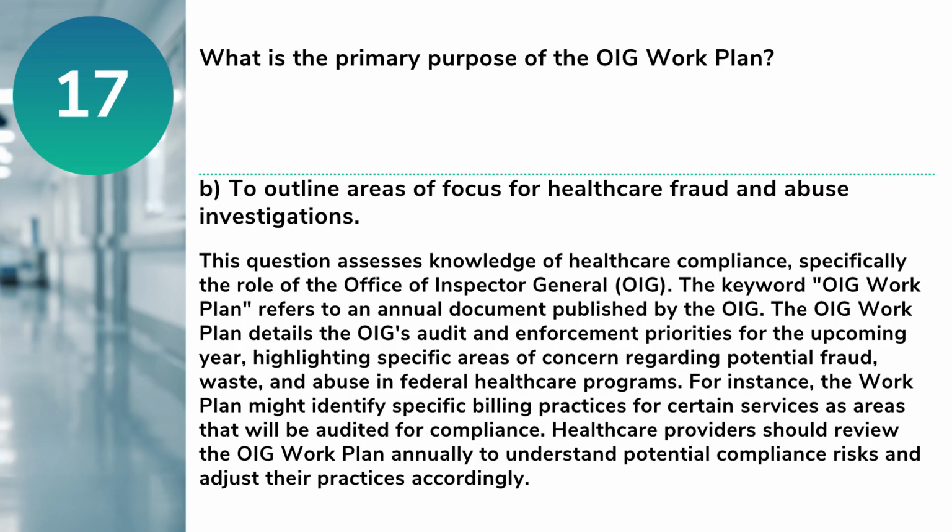For instance, the work plan might identify specific billing practices for certain services as areas that will be audited for compliance. Healthcare providers should review the OIG Work Plan annually to understand potential compliance risks and adjust their practices accordingly.